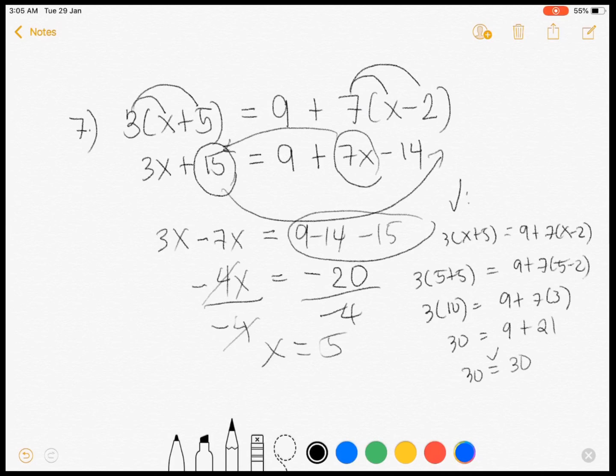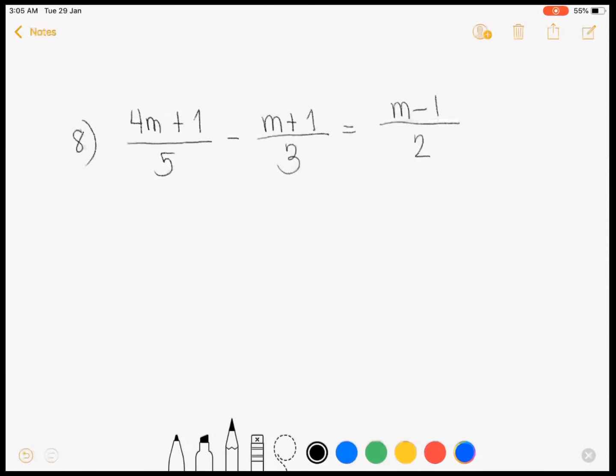Okay, let's have the next example. So, we have 4m plus 1 over 5 minus m plus 1 over 3 is equal to m minus 1 over 2. So, napansin nyo, lahat nung terms ay may denominator. So kapag gano'n, ang una natin gagawin ay eliminate natin yung mga denominators. So para magawa yun, i-multiply natin yung both sides ng equation doon sa LCD ng lahat ng mga denominators.